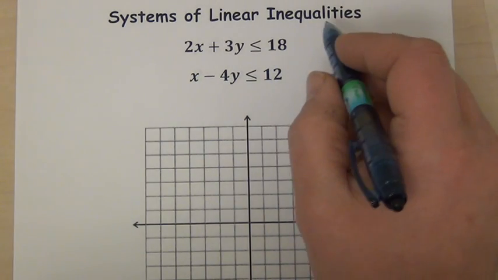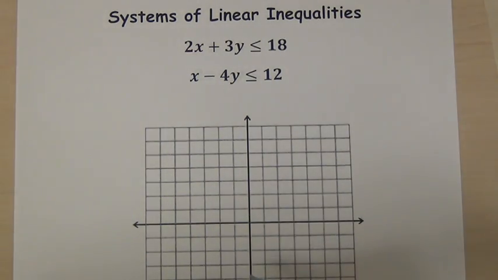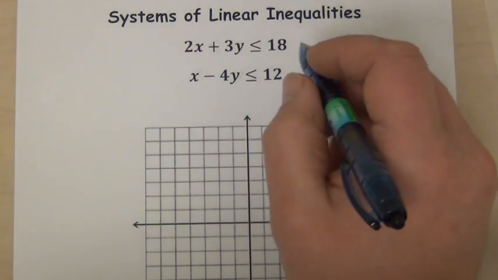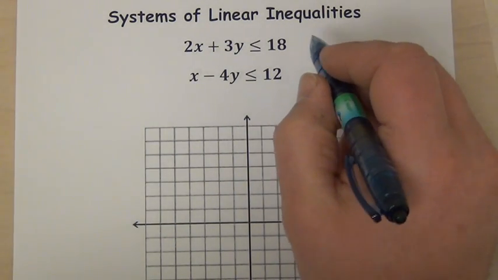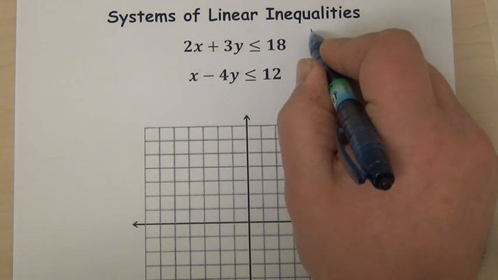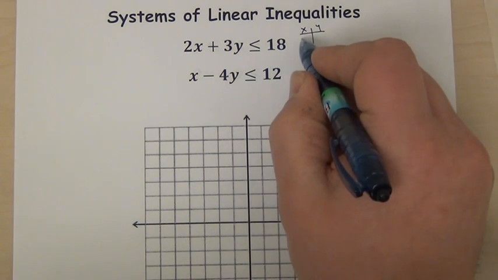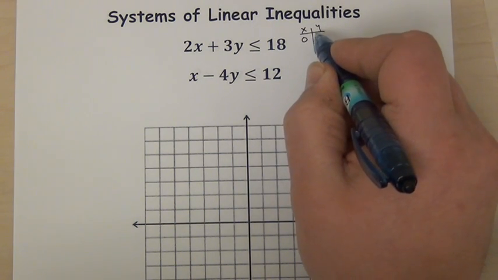So I want to illustrate what we're talking about by graphing these two inequalities on this coordinate plane and looking for overlap. Since these are both written in standard form, the easiest way to graph them is to identify x and y intercepts by plugging in 0 for each variable.